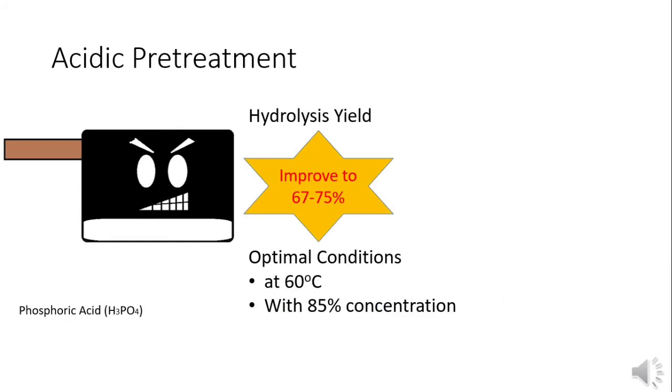In addition, phosphoric acid with 85% concentration at 60 degrees Celsius reached the maximum yield of cellulose and polyester recovery and enzymatic hydrolysis yield. Moreover, the yield of enzymatic hydrolysis has significantly improved to 67 to 75%, but it is lower than the 70 to 91% from the alkaline pretreatment result.